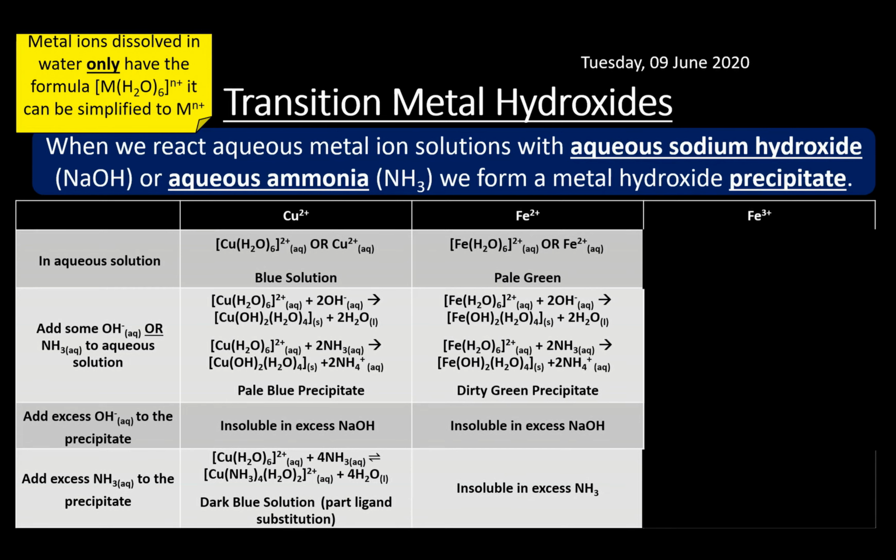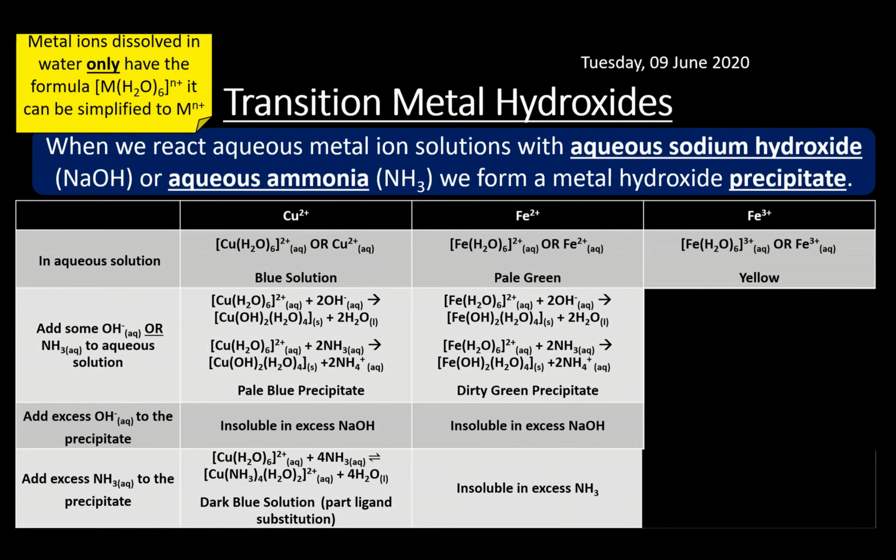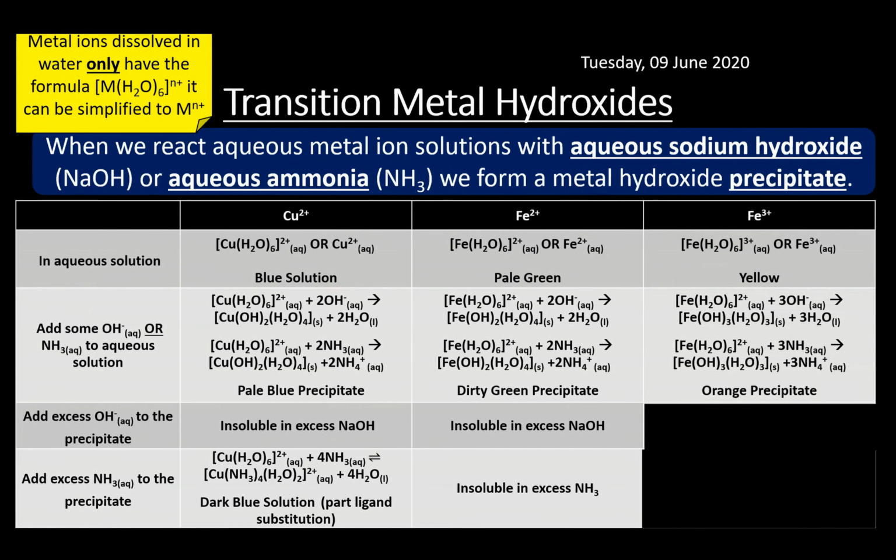Okay, so finally Fe3+, this is a yellow colour, as you can see there. This is when we add it to an aqueous solution. Now when we add some OH- or some ammonia, there's a subtle difference in the fact that we need 3 OH- to form this neutral complex here, because we had a 3+ charge. So we need 3 of them to form a neutral complex there. Likewise with the ammonia as well.